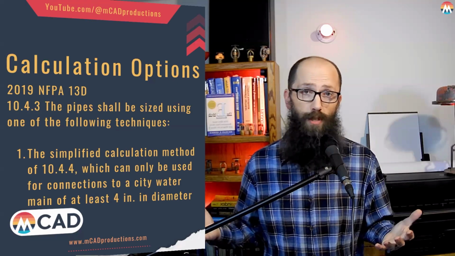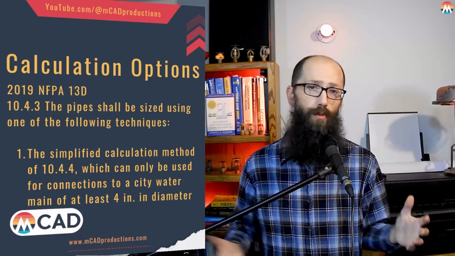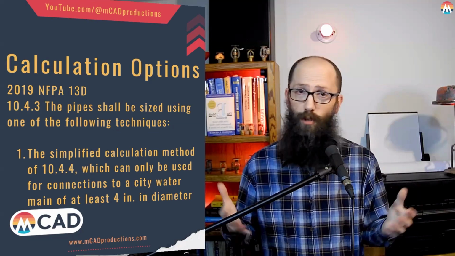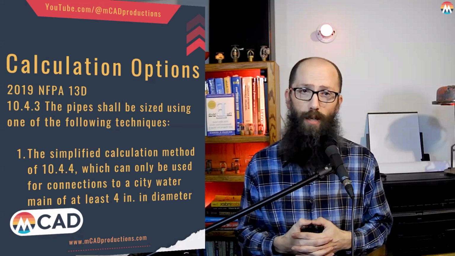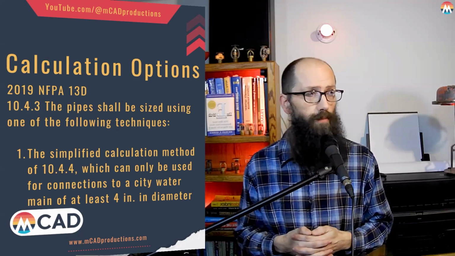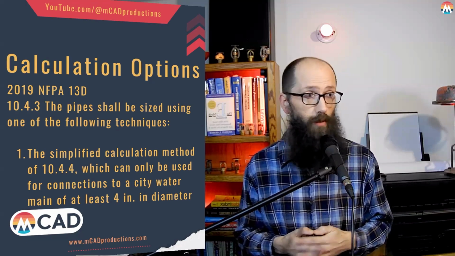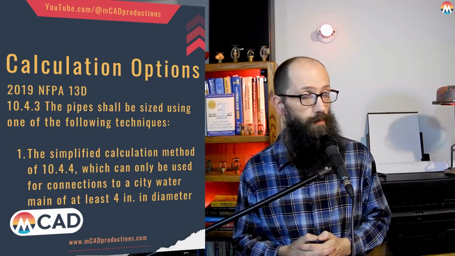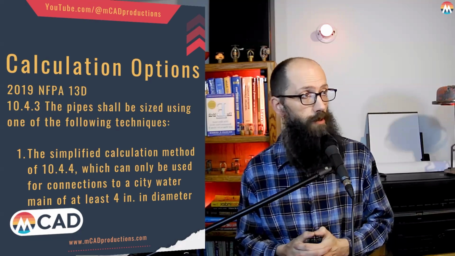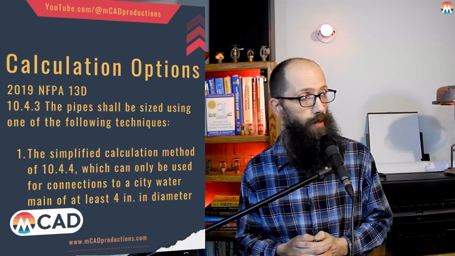It's aimed to simplify the process because the whole point of 13D is to bring the cost down for homeowners. And so they don't want to require homeowners to have to buy an expensive calc program if somehow they're going to design their own sprinkler system, or just to keep the cost down for the sprinkler contractors, I guess, that are doing it for them.